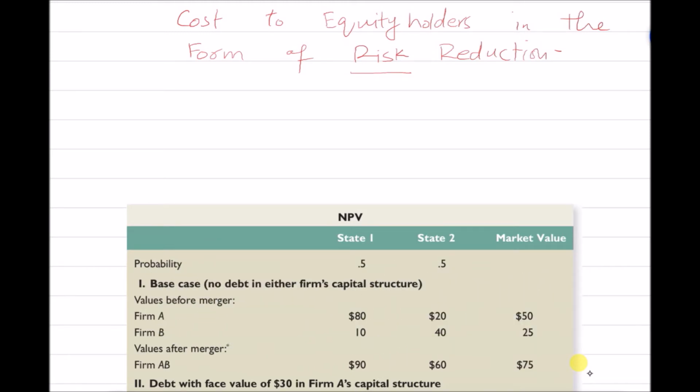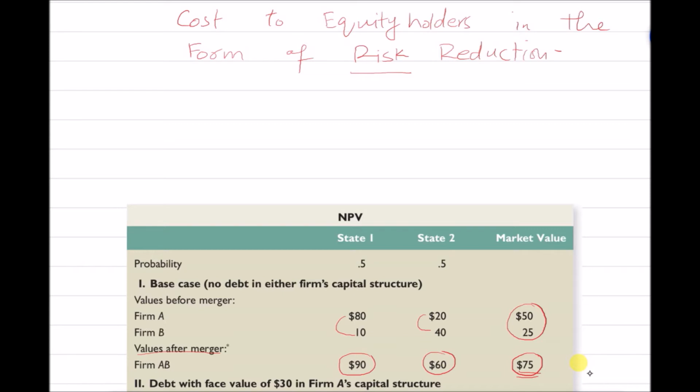So just add both of these firms' market values and we will have the total value of the merged firm after the merger. So after the merger, state 1 will have 90, state 2 will have 60, and the overall market value of the firm will be 75.